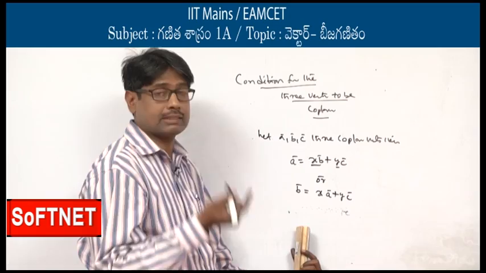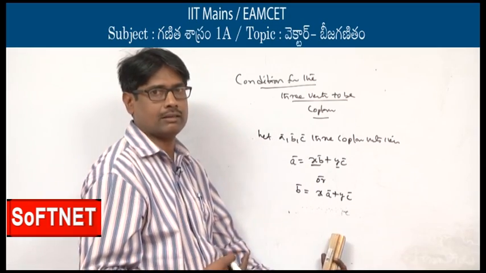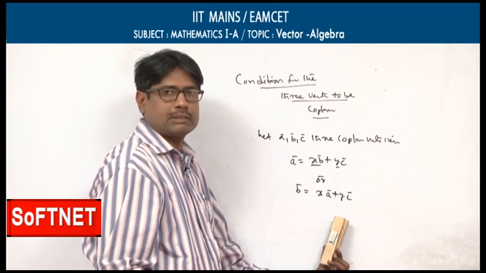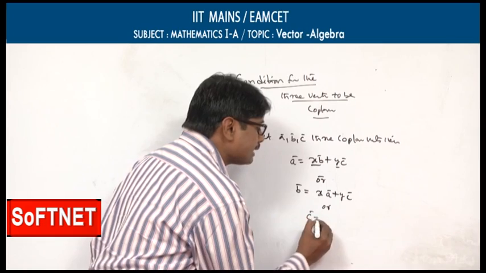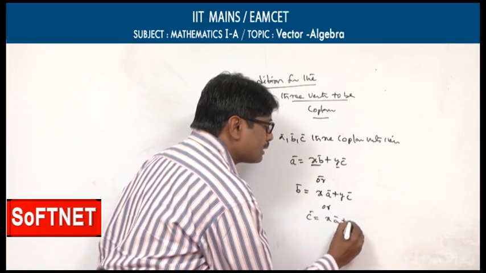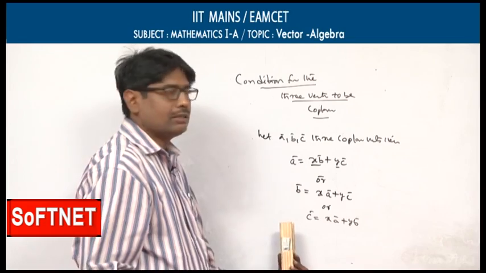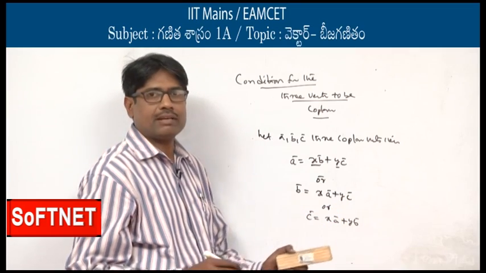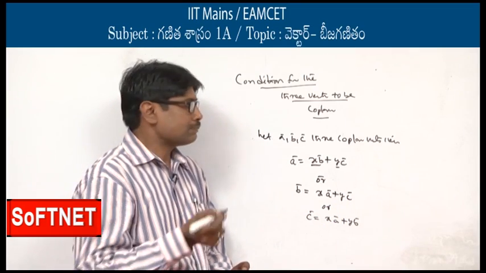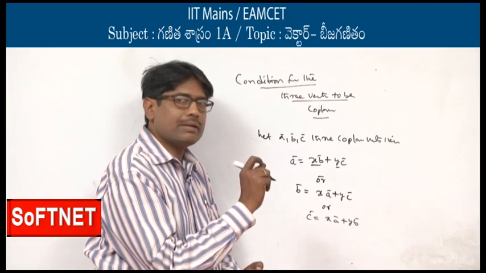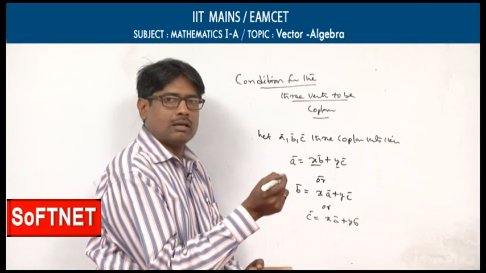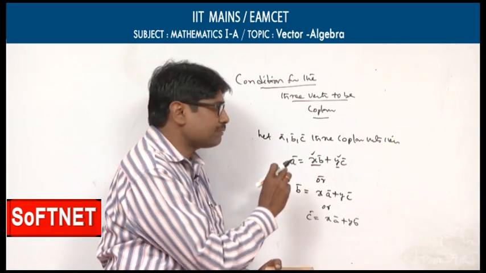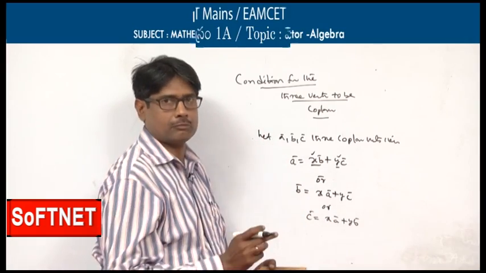What do we mean by uniqueness? The system of equations is to be discussed here. C bar is equal to x A bar plus y B bar. Then we call the three vectors A bar, B bar, C bar coplanar. The condition for three vectors to be coplanar is expressing a vector as a linear combination of the other two uniquely. If there exist unique values of x and y satisfying the linear combination, then we call them coplanar.